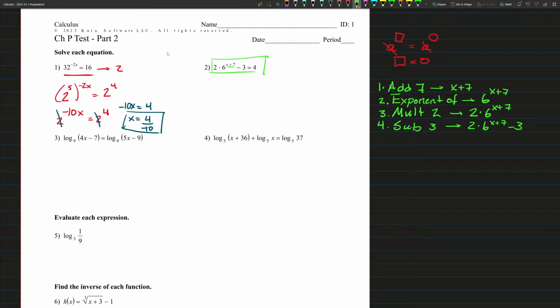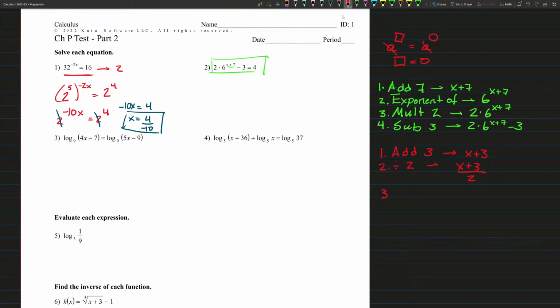In order to solve for x, what we have to do on both sides is reverse that order and invert the operation. So we have to add 3, which gives us x plus 3. We have to divide by 2, which gives us x plus 3 over 2.